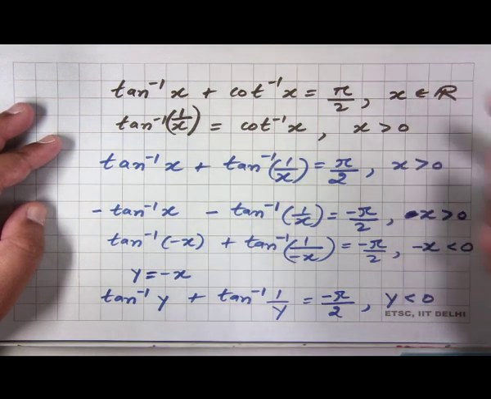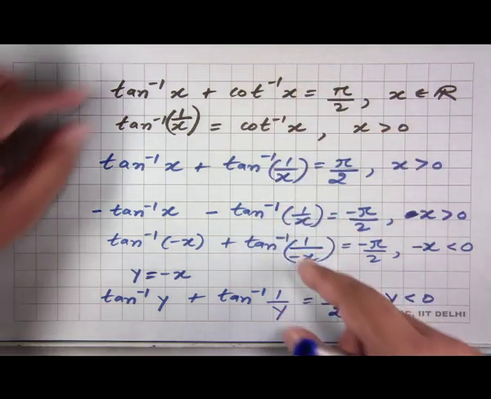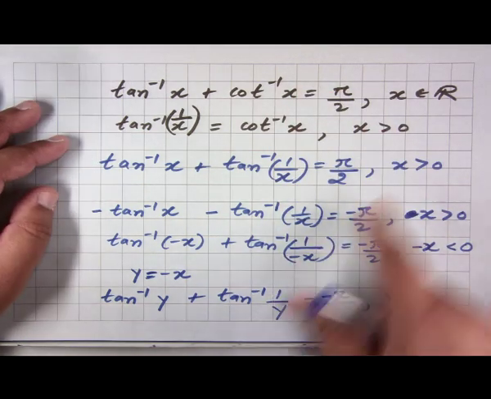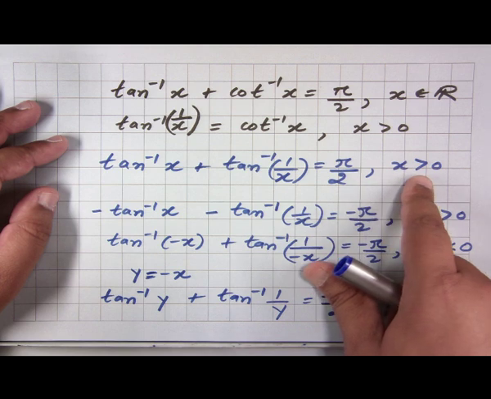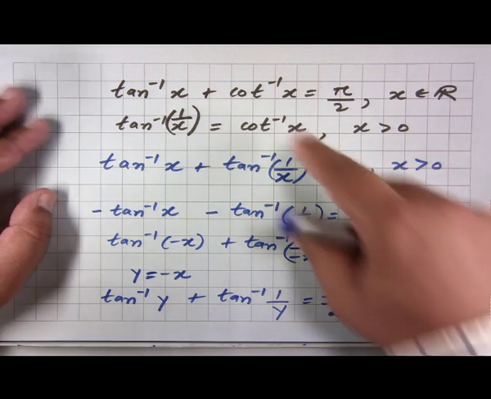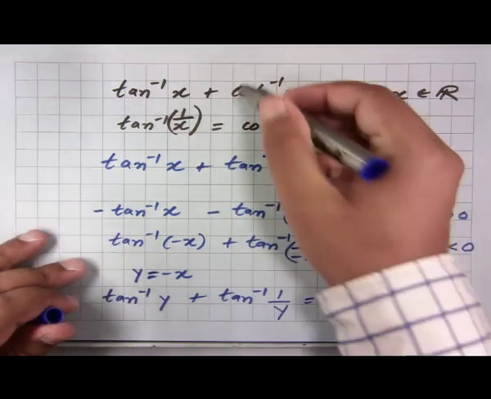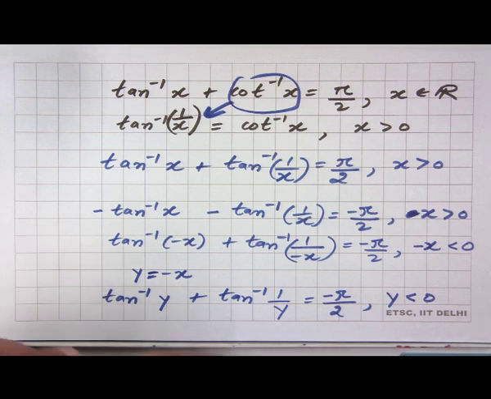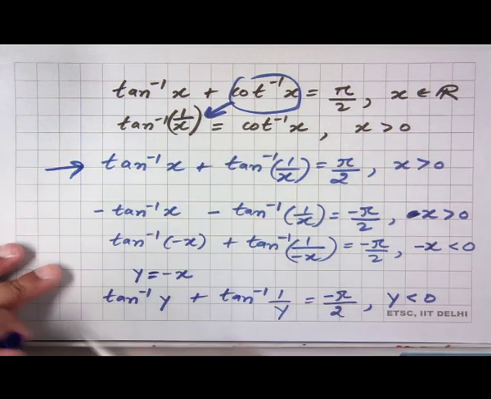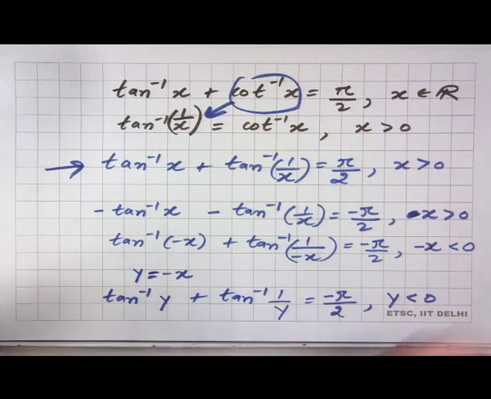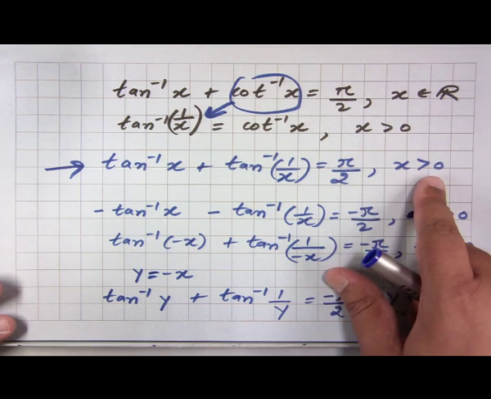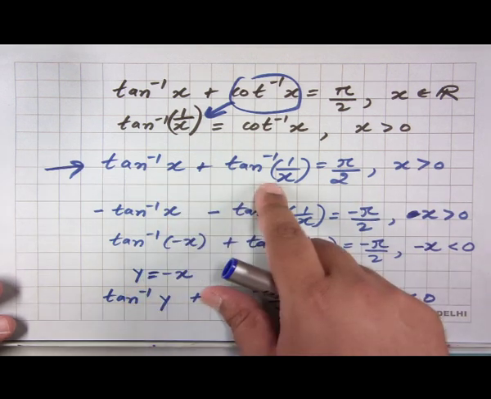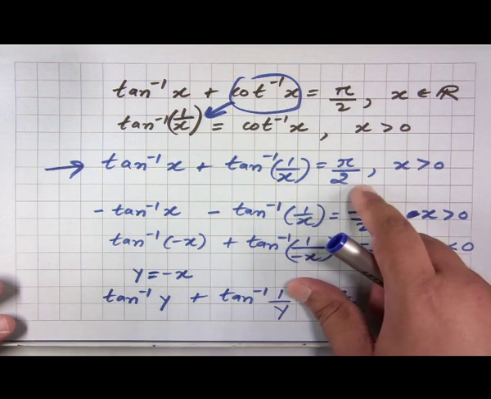Now if we combine both these statements, then for x non-negative, we just replace cot inverse x over here by tan inverse 1 over x. So then we get this particular equation, which is that for all x non-negative, tan inverse x plus tan inverse 1 over x is always pi by 2.